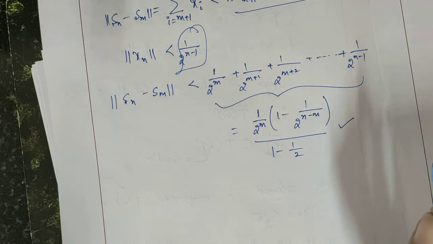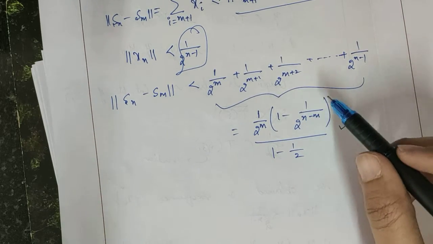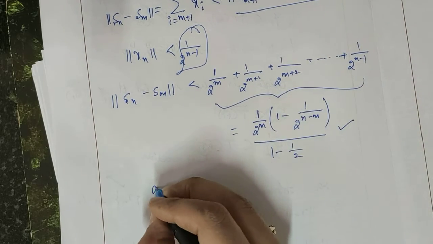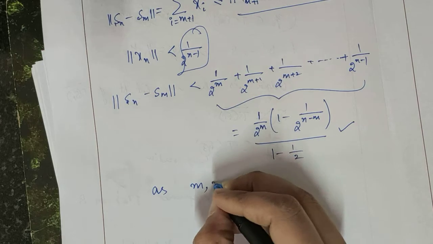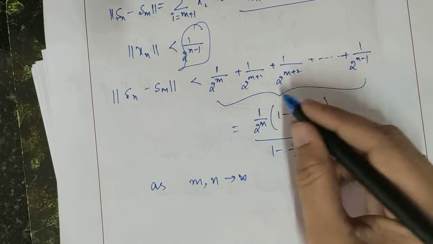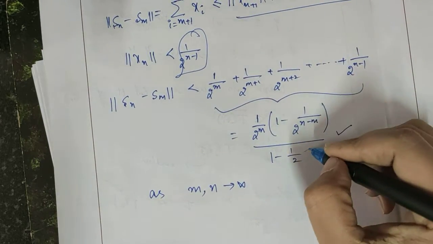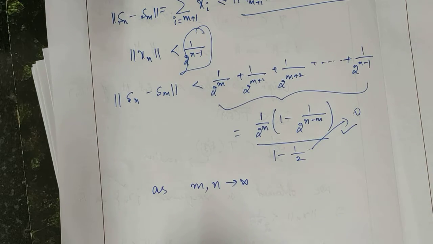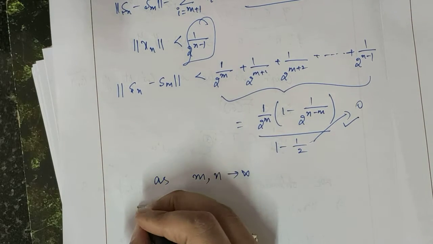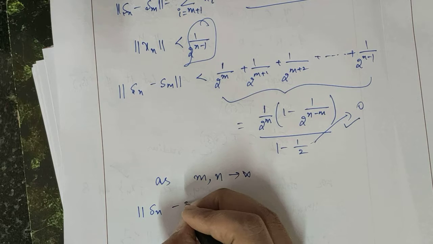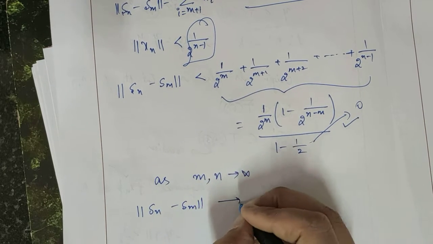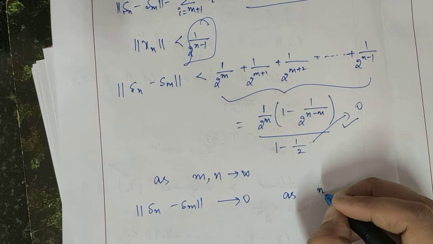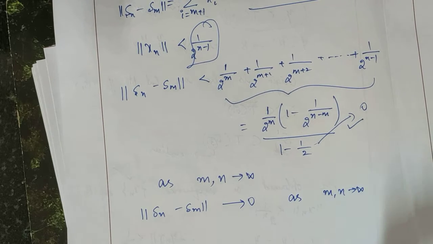You can check that, okay? Now as m, n tend to infinity, the whole value will become 0, right? So now norm Sn minus Sm tends to 0 as m, n tend to infinity.